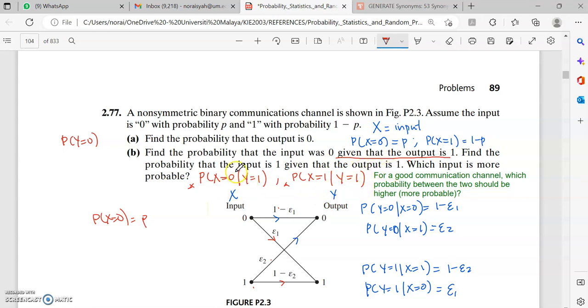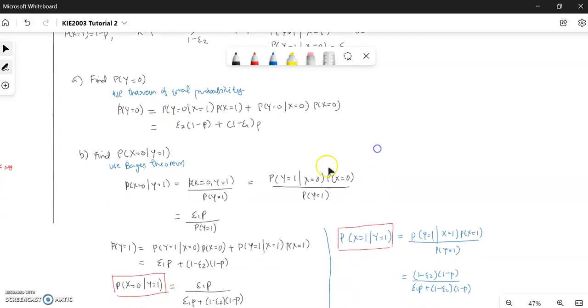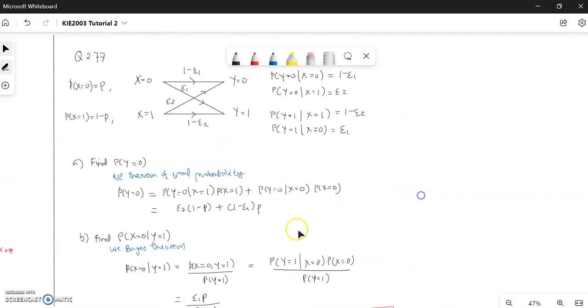Let's look at how we find these values. From our diagram, you only have the probability of the output given the input. We don't have the probability of the input given the output. So you can use Bayes' theorem to find this.